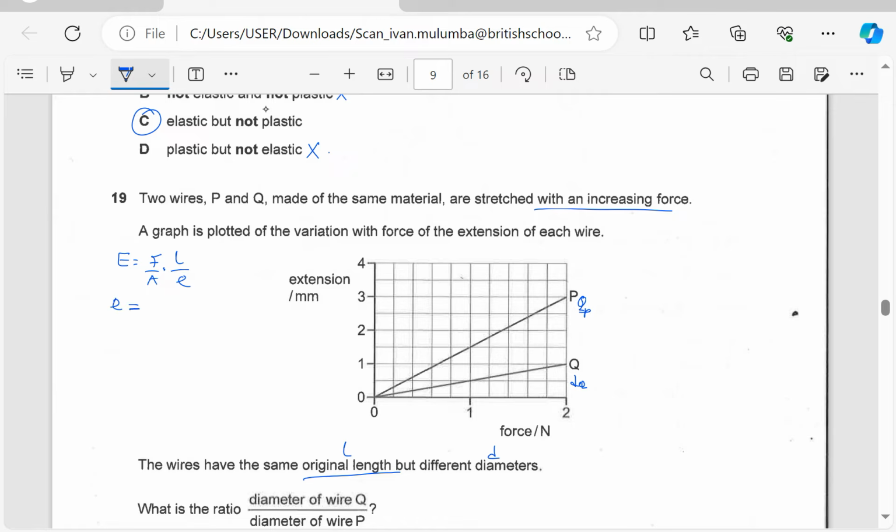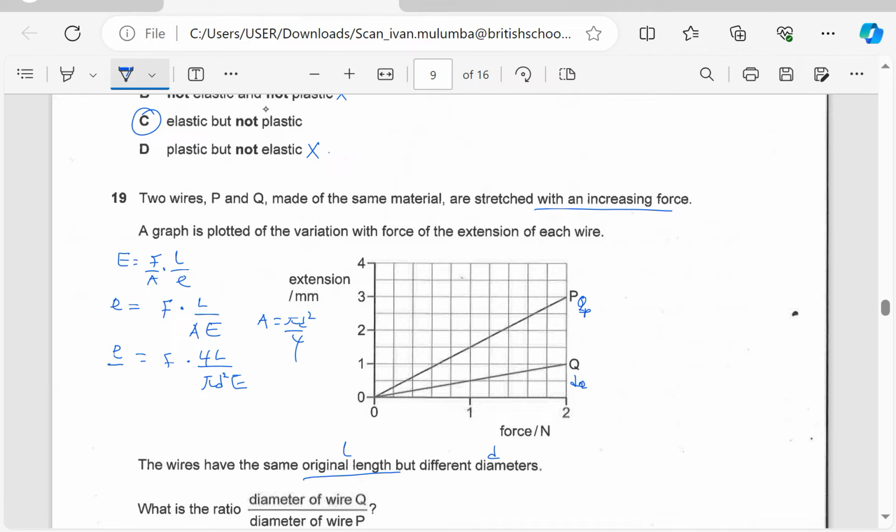So small e will be F times L over A times E, capital E. Remember, A is the area, and the area is pi d squared over 4 since we have diameter. So e is going to be F, the 4 will go up, so it becomes 4L divided by pi d squared times E.